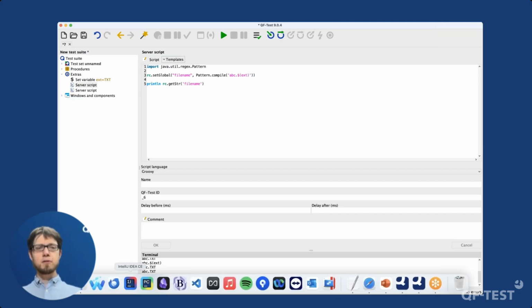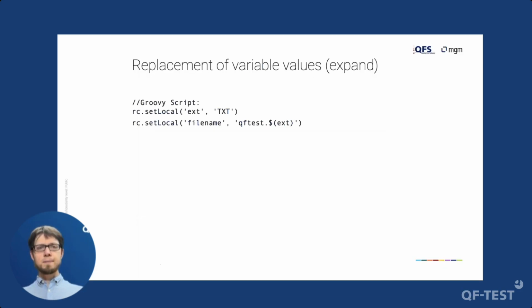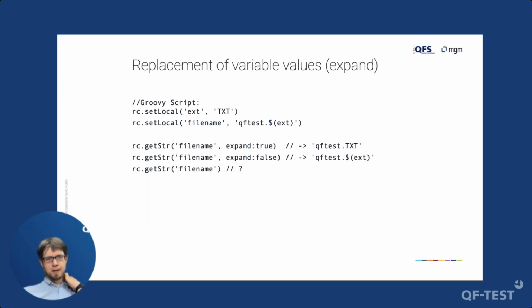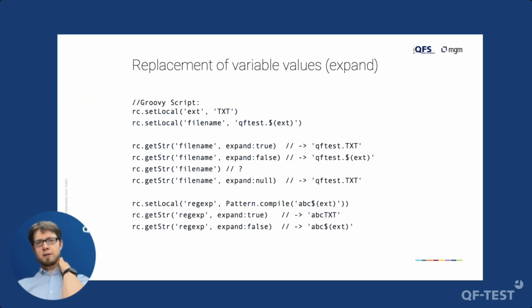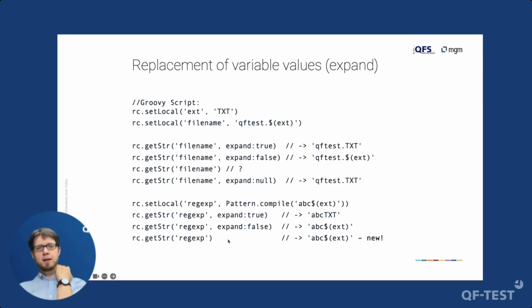So this is something new. With strings, it's the same as before. Setting null here is like leaving it. With other objects, the expansion is not automatic, but you have to force it with expand colon true.